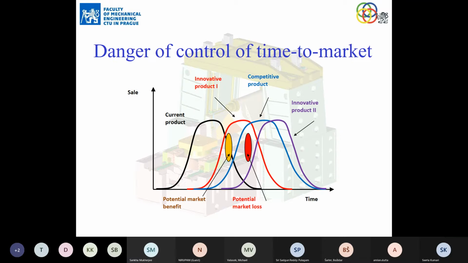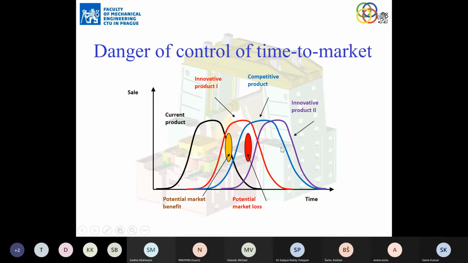Certainly, there is always a danger of coming too early or too late to the market. So if you have a current product, you can come with your innovative product very soon or very late. In between is coming your competitor. And if you come in reasonably soon time, you have potential benefits, but always some potential market losses.